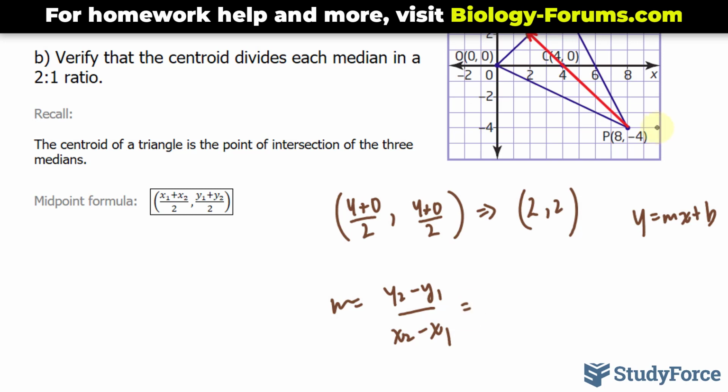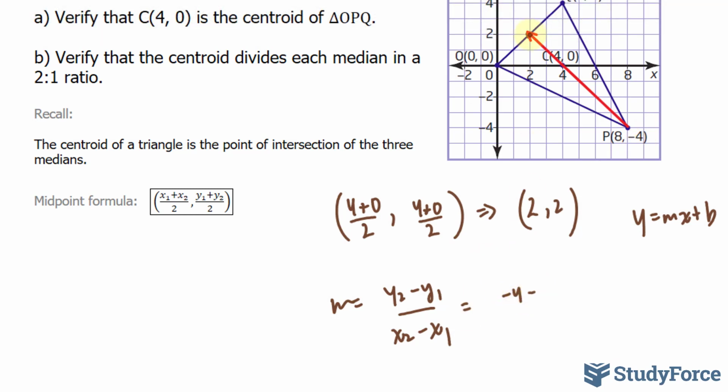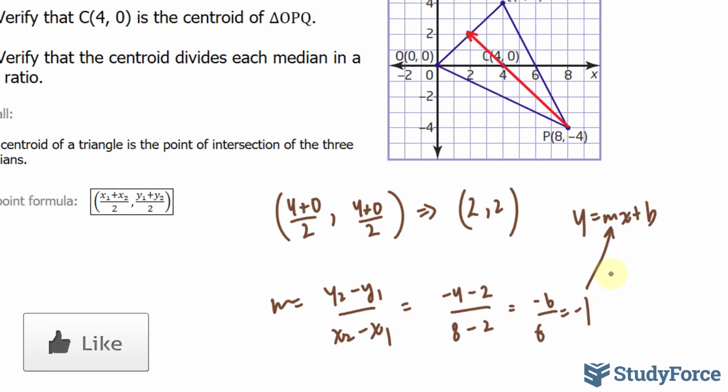So let's continue. y2 is negative 4 minus y1, which is 2, 8 minus 2. We get negative 6 over positive 6, which is negative 1. The slope is negative 1, and that's expected because it's going downwards. So I just found out what m is equal to. It's negative 1. I'll write down y is equal to negative 1 x plus b.